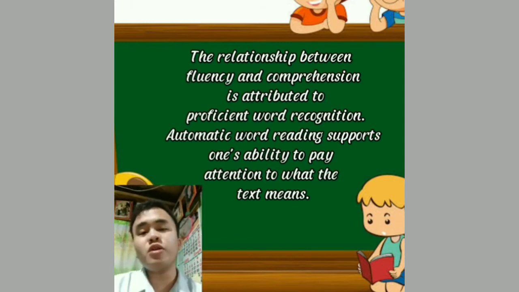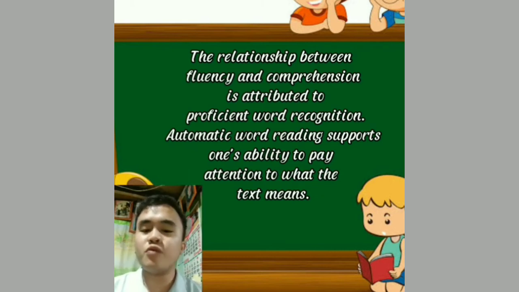So it means that fluency and reading comprehension work together. Without fluency, we can't understand the text if we are not knowledgeable enough of what we have read.